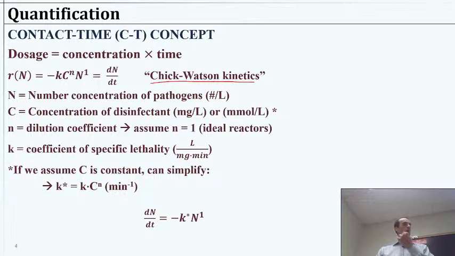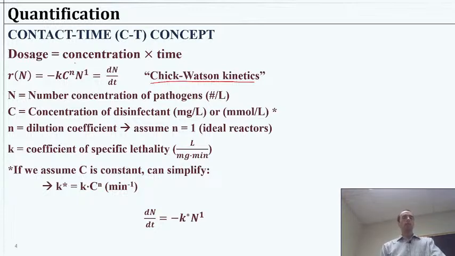Now, one thing you'll notice here is this can get complicated if the concentration of the chlorine, or the disinfectant, changes over time. So if the bacteria themselves were demanding a lot of chlorine, so there was a meaningful change in chlorine as the reaction occurred, this would effectively become a second order equation because it's dependent on the reactants in two different manners.